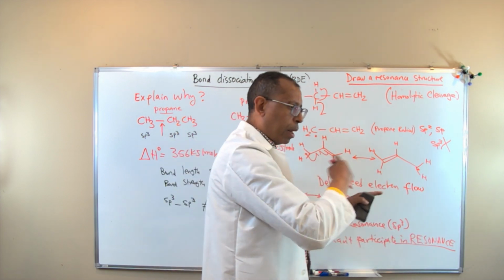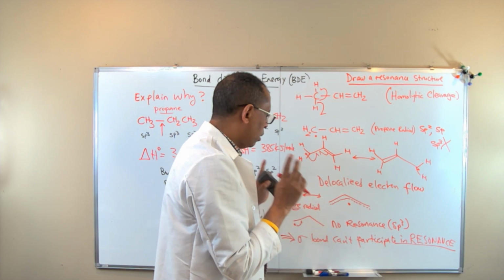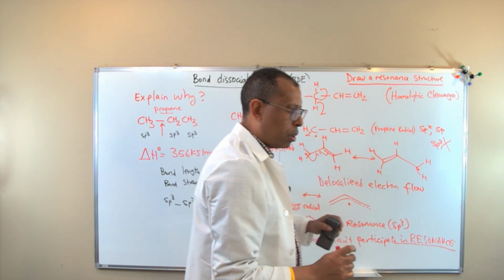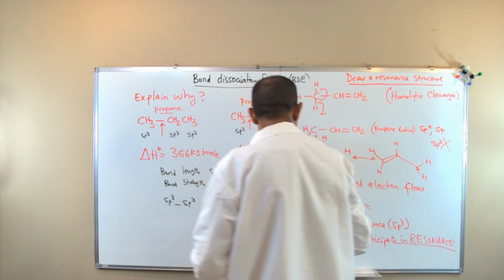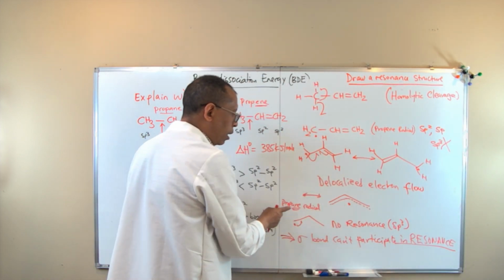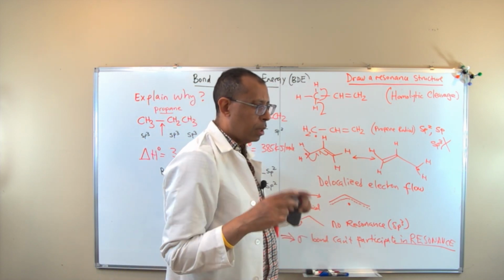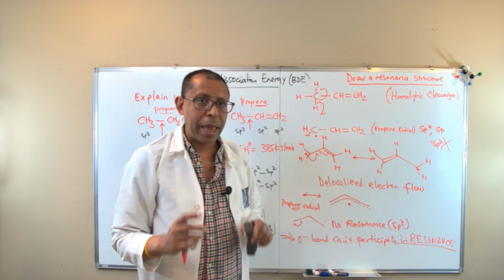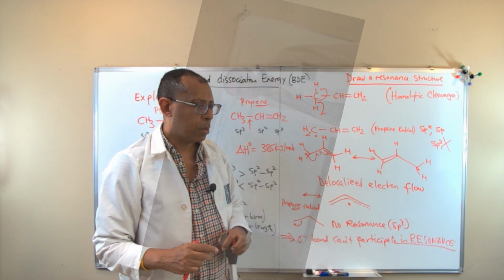It can go back and forth over the three carbons easily. So if I ask you a question, which radical is more stable? The one which you can draw a resonance for is more stable. So the propene radical is more stable than a propane radical. So we'll continue with another.